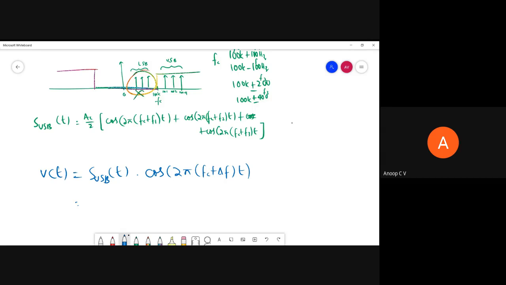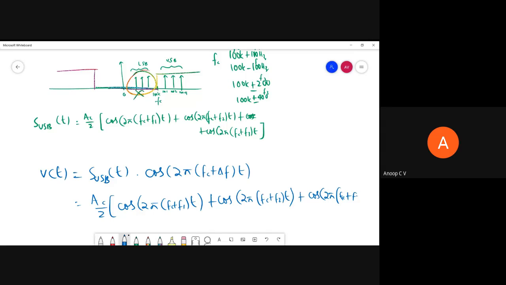So what is this s usb of t? S usb of t, I have just written here: Ac by 2 into cos 2 pi (fc plus f1) t, plus cos 2 pi (fc plus f2) t, plus cos 2 pi (fc plus f3) t.